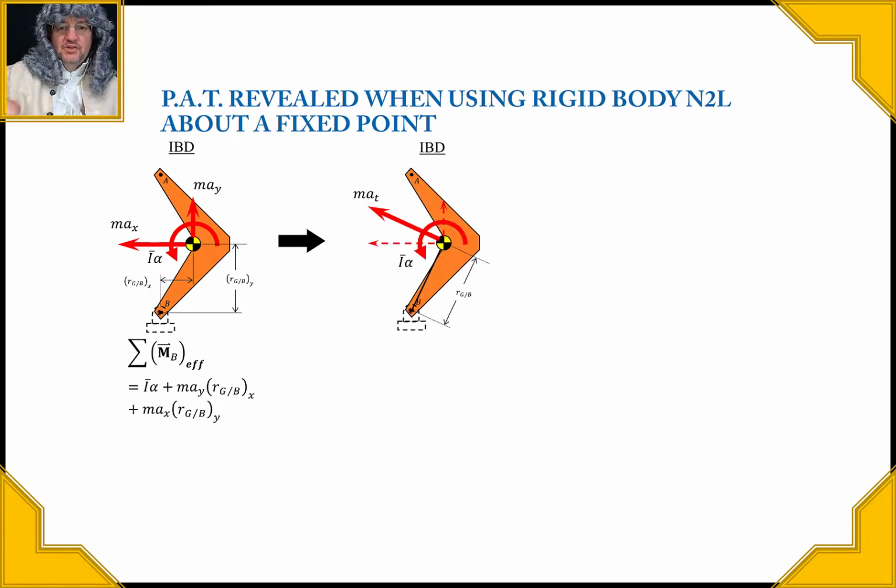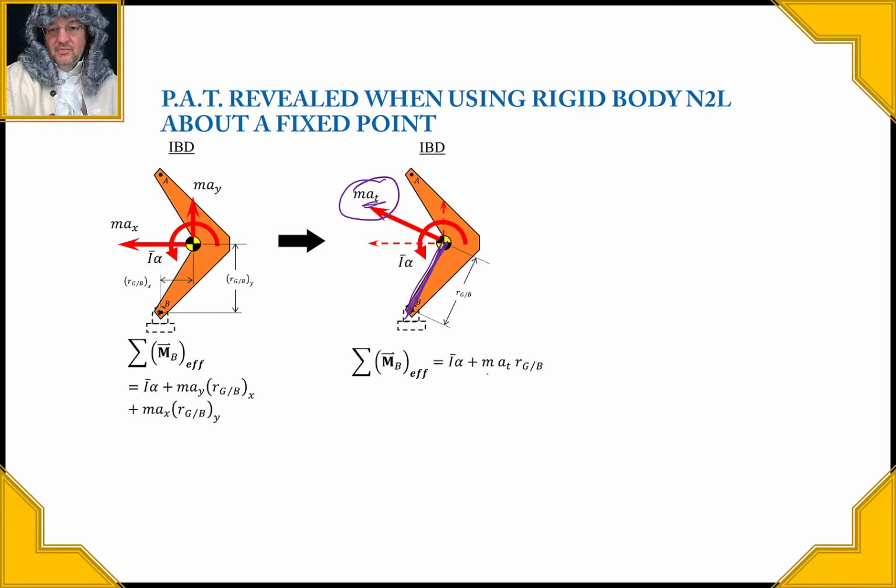But if we were going to combine that AT right there, that's the tangential one, the acceleration that's perpendicular, I should say, to the thing. That is going to be I alpha plus that mass times that tangential acceleration times that distance that the thing has to move, right?